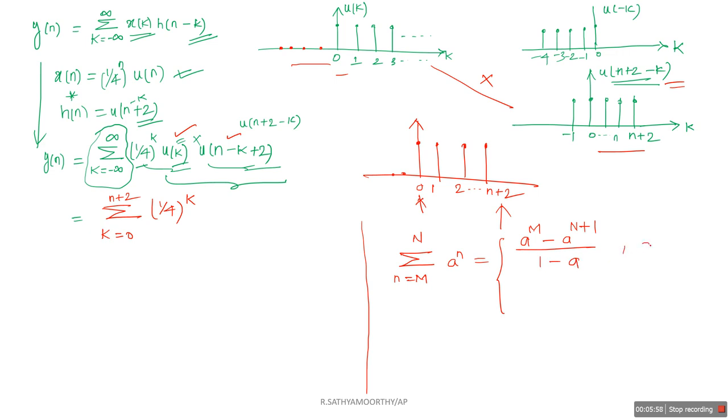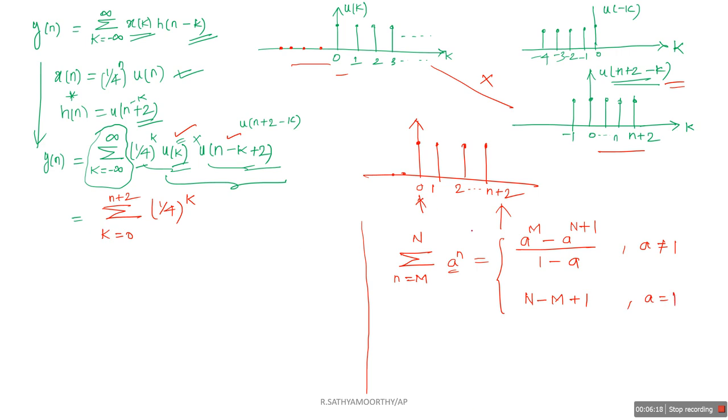This is the case where a is not equal to 1. If a equals 1, we simply apply upper limit minus lower limit plus 1. That is the standard formula.